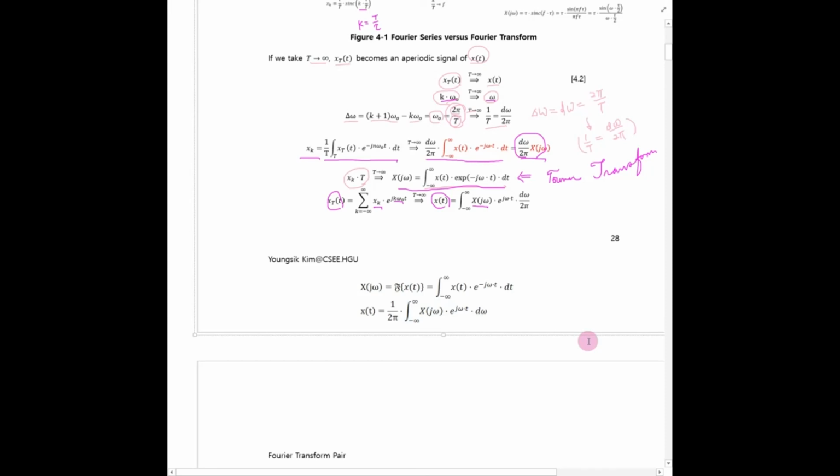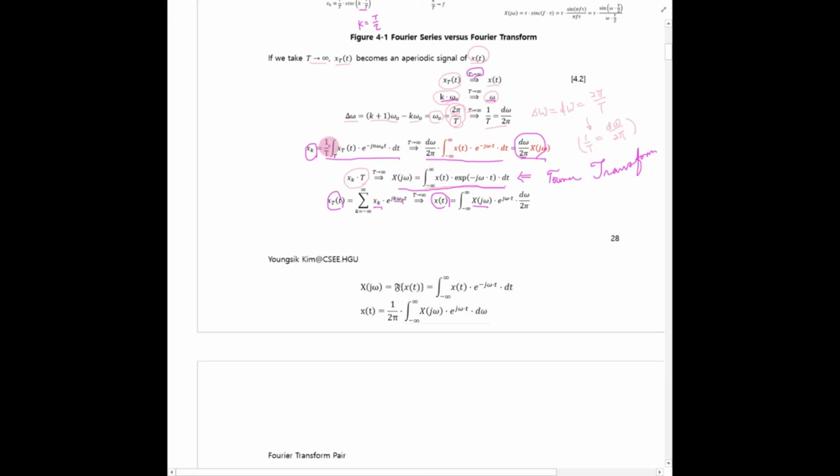We talk about the relationship between the Fourier series and the Fourier transform. In the Fourier series, it's a periodic function, but taking the period as infinity, it becomes the Fourier transform. The Fourier transform is related to the Fourier series coefficient, which is calculated by this one.